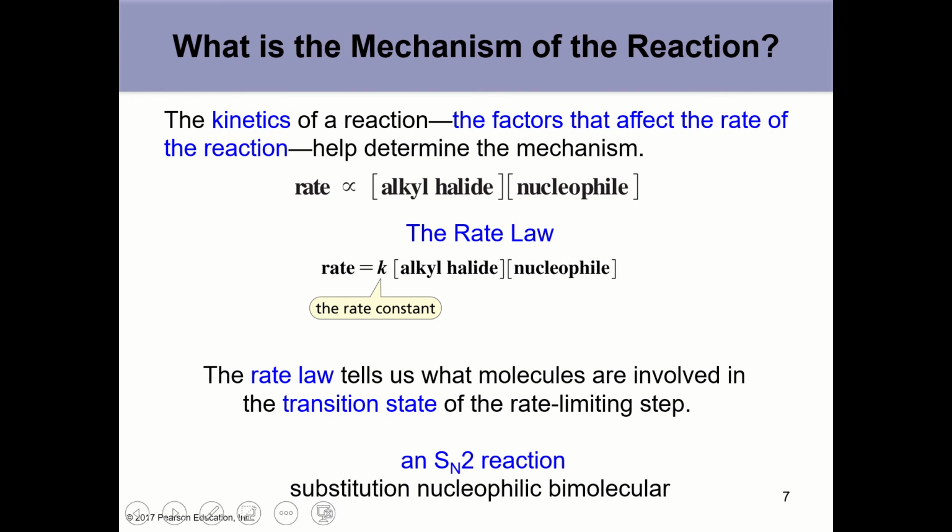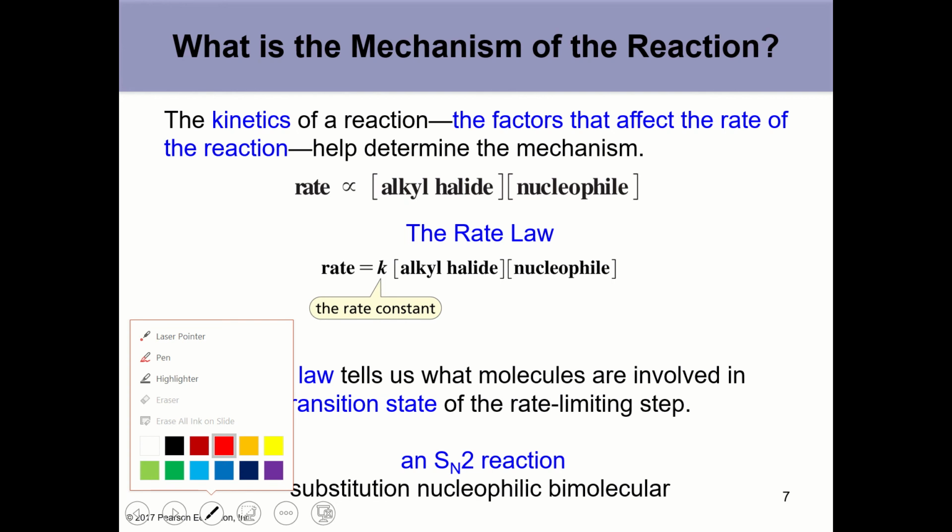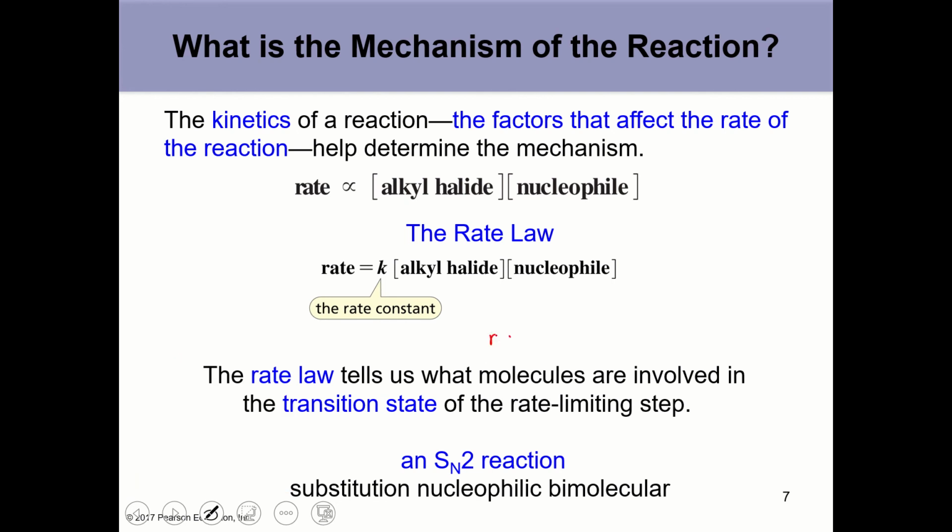So this is where, if you remember the more generic form from Gen Chem, we had rate is the rate constant times A to the power of a and B to the power of b, where a and b are the order. So if a and b are both 1, then the overall order is 2. And it's first order with respect to A and first order with respect to B.